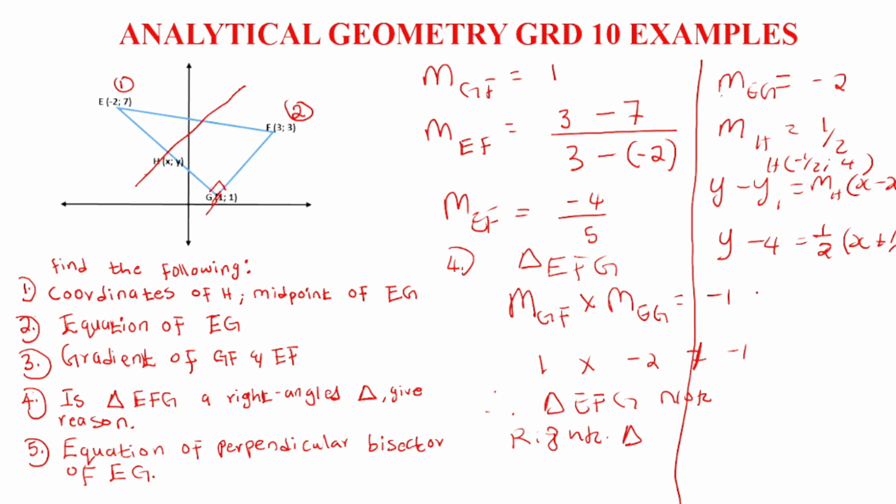Therefore, once you put this in your calculator, you're going to say y is equal to half x plus 1/4 plus 4. When you take this 4 to this side, it must be +4. So if you add everything together in your equation, you must be able to get y is equal to half x plus 17/4. Okay, and that's how you deal with an equation like this one, guys.